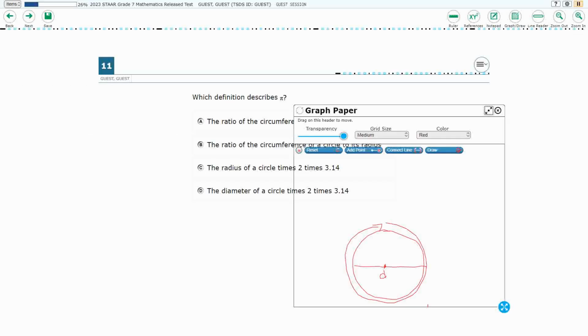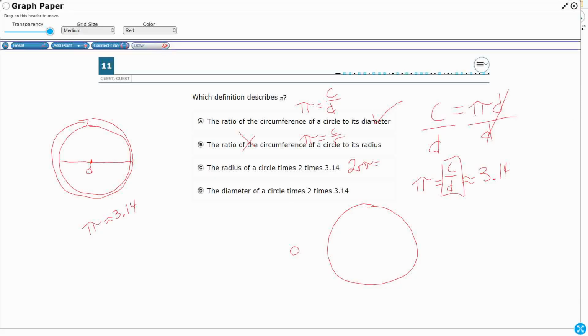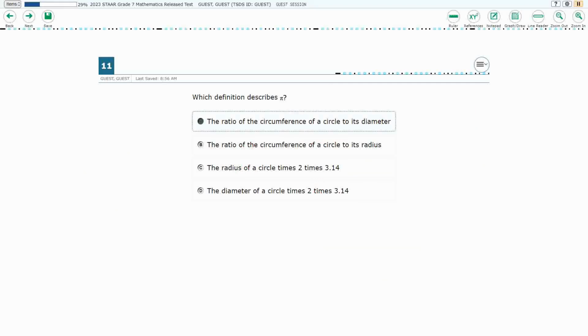So that's the circumference, but that doesn't necessarily help us with pi. That just tells us how to find the circumference if you have pi. And the diameter of a circle times 2 times 3.14. Well, that doesn't make sense. That's kind of like the previous one, but it's using the d rather than the r, which we don't need. So the answer here is A, the ratio of the circumference of a circle to its diameter.